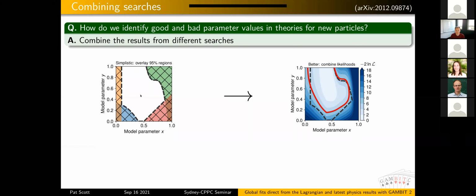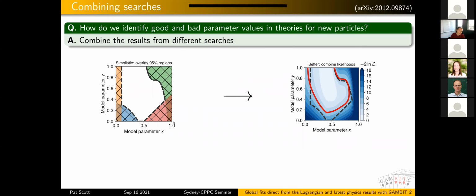Now, this works as a kind of back of the envelope thing, but it throws out a lot of information because you've given up on the fact that you actually know that things over here are a lot more excluded than things over here, and that things close to the 95% confidence region are actually a little bit excluded as well, that they're worse fits than stuff right in the middle here.